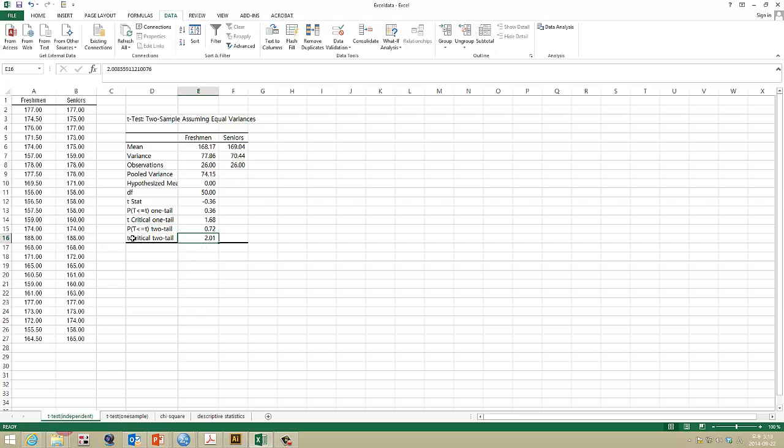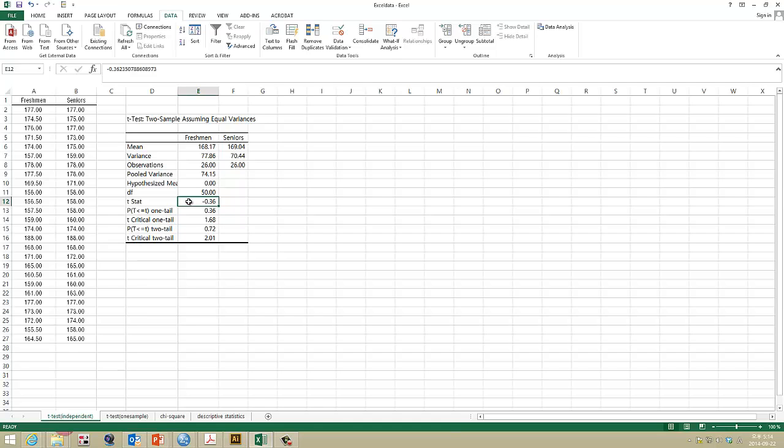Okay, so the t-critical value or the threshold value is 2.01 in case of a two-tailed comparison, and our t-score is minus 0.36.